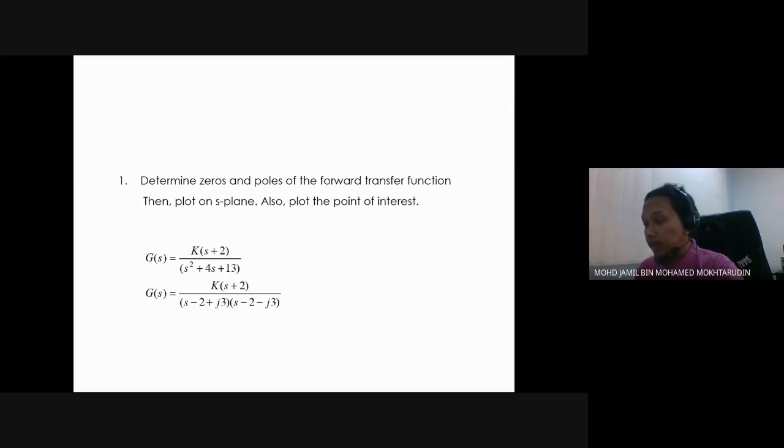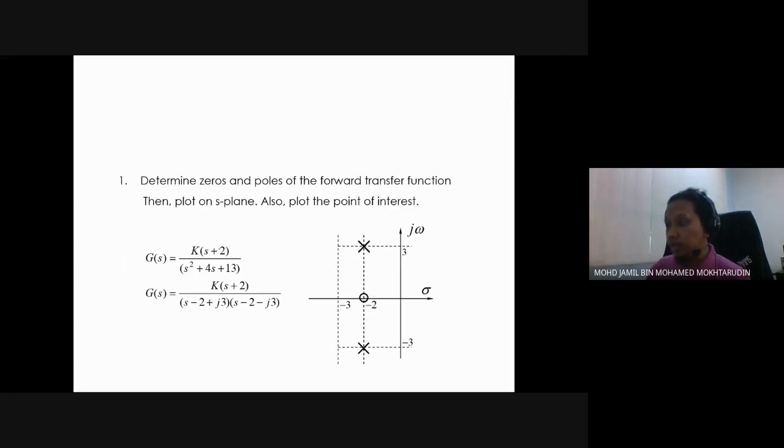So first you determine the poles and zeros. Here the zero is -2. And for the poles, you can use the quadratic formula or use a calculator. So you get S equals -2 plus 3j and -2 minus 3j.